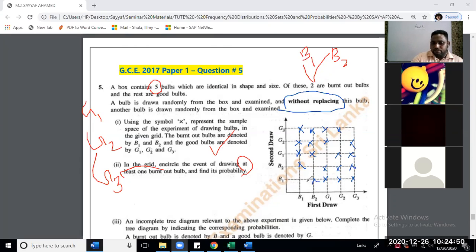You can have BB, you can have B1, G1, burnt out good, good burnt out, at least one burnt out.